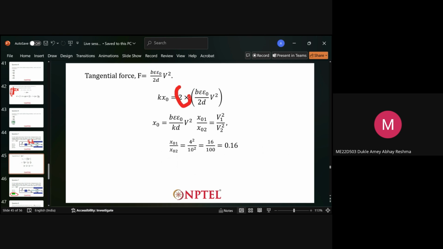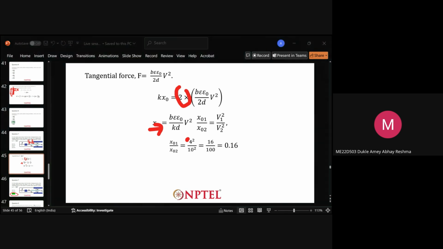Since we have two plates, we take 2 times the tangential force, and then we find the relation between the spring displacement and the tangential force. Then we take both cases, 4 volt and 10 volt, and get the relation between the two displacements, that is 0.16. Does anyone not understand this?